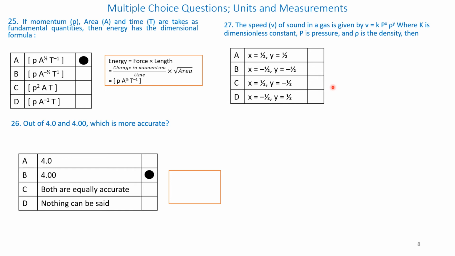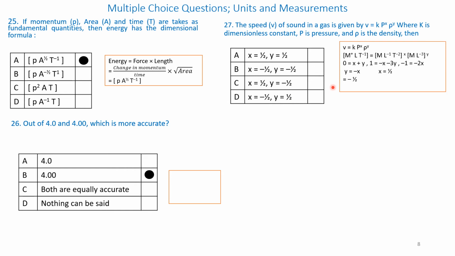So let us make some small calculations. It is given that the speed v of sound is equal to k into p to the power of x and rho to the power of y. P is the pressure, rho is the density, k is the dimensionless constant, and v is the speed. So we have to put the dimensional formula for each term. V is velocity.